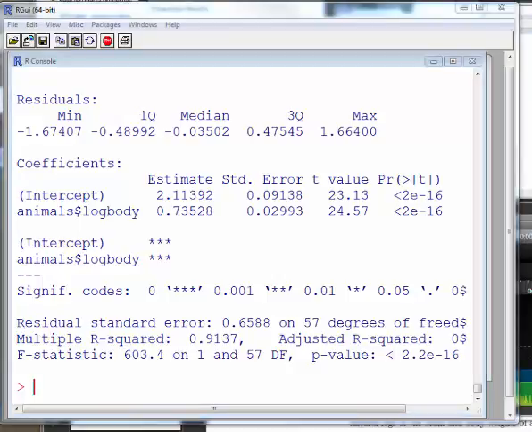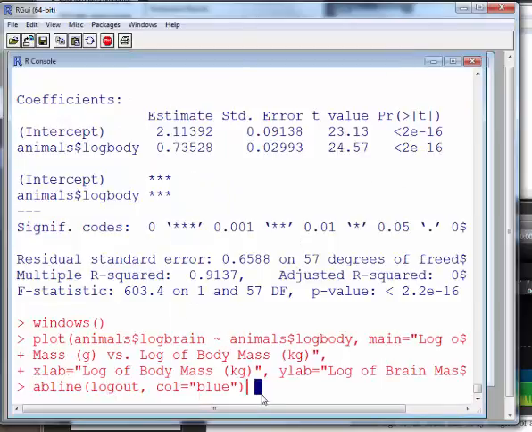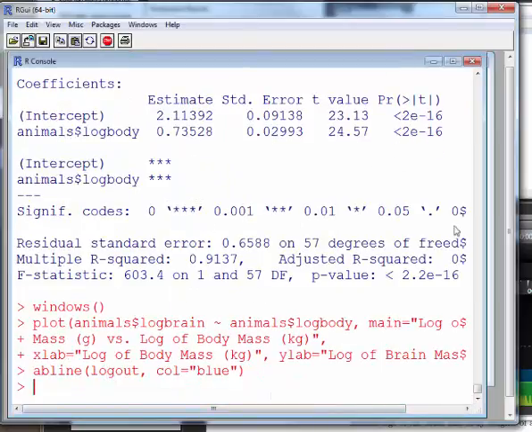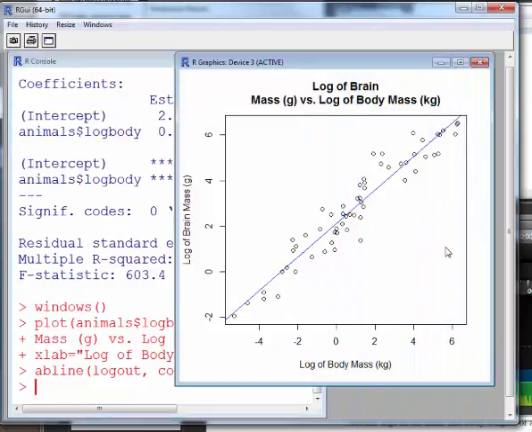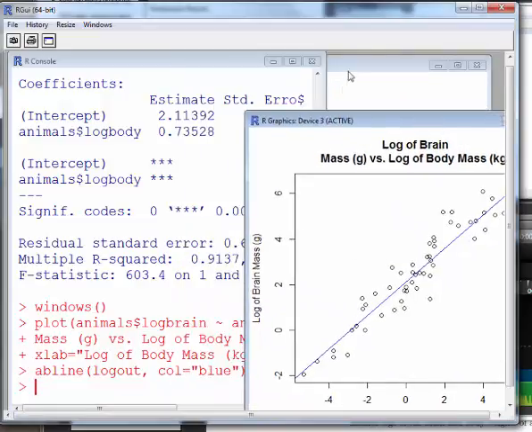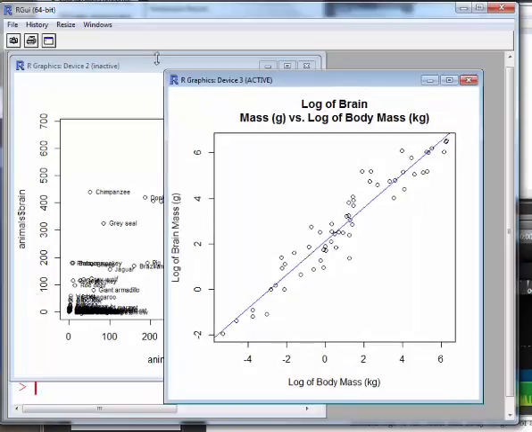Let me make a plot and drop a regression line down. Like so. Now take a look at that. That's pretty amazing. From this to this.